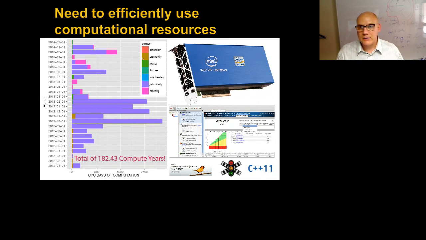add-on cards like the Xeon Phi coprocessor and finding ways to use multi-threaded applications in order to better utilize the compute resources we have. Even though most of our computers that we use have 12 or 14 or 16 CPU cores in them, we have to make sure that we're using all of those cores efficiently.